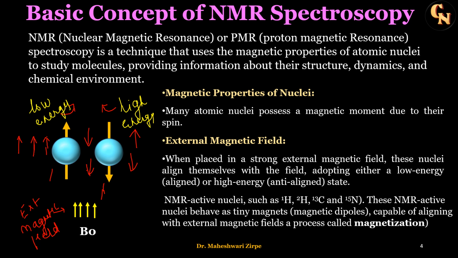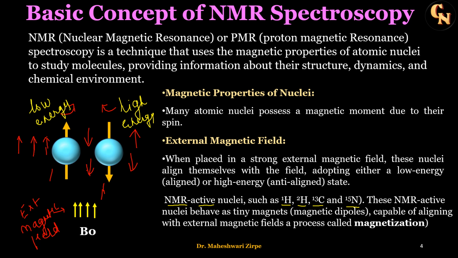Which nuclei can be active in such an external magnetic field? Not all nuclei are active. Only those nuclei such as proton, deuterium, carbon 13, nitrogen 15 are the NMR active nuclei.